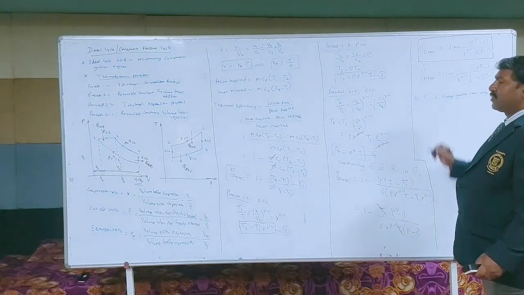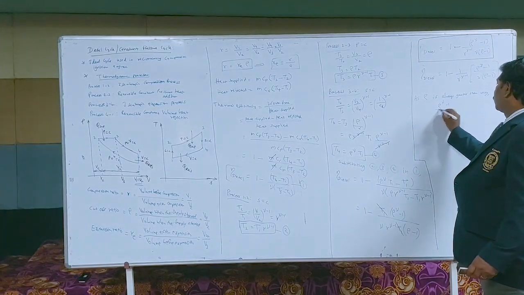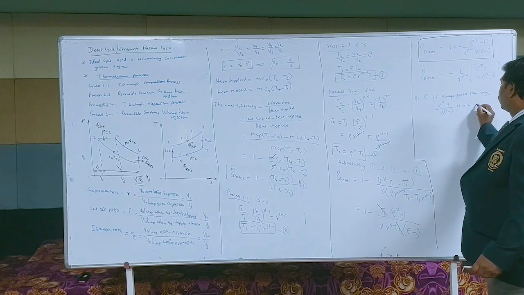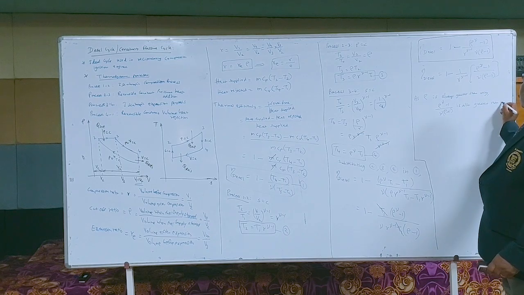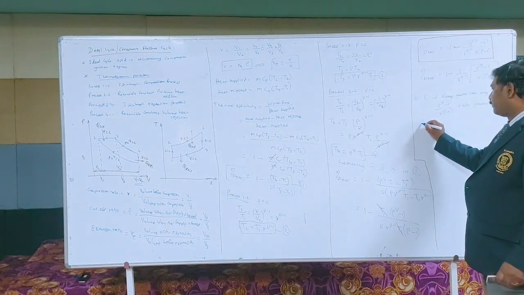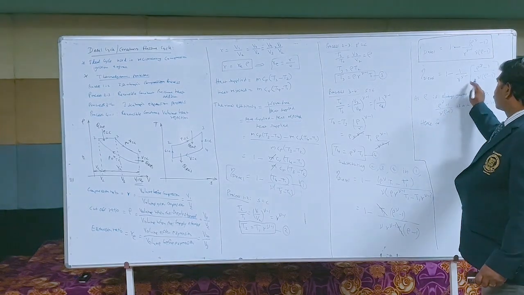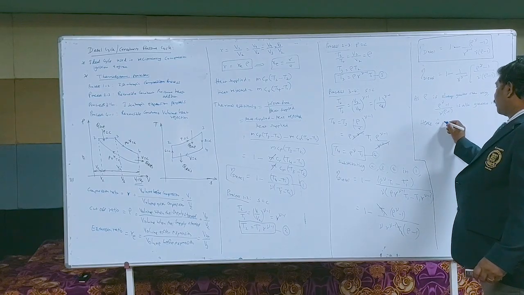As rho is always greater than unity, the rho power gamma minus 1 by gamma into rho minus 1 is also greater than unity.